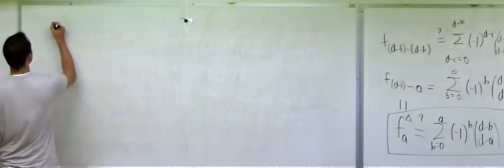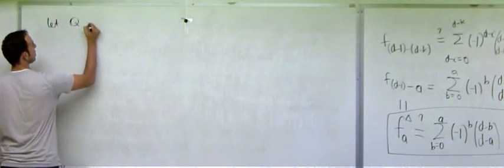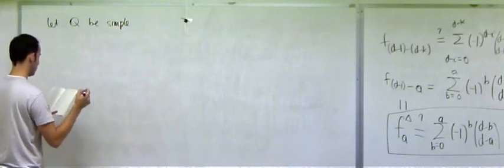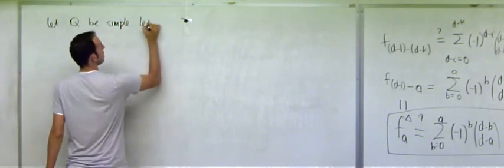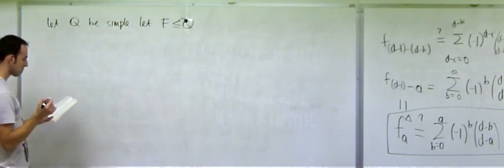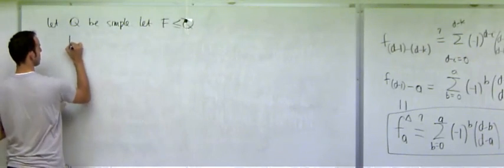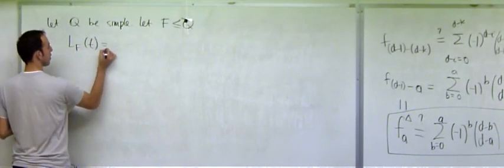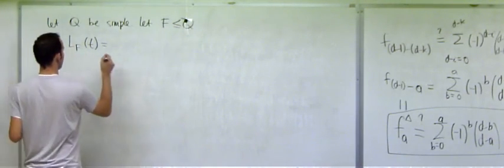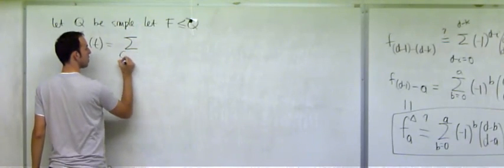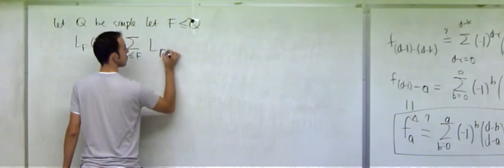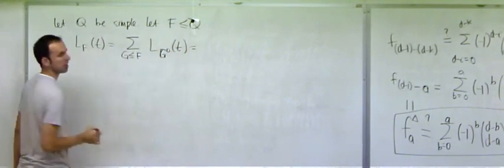So let's say that Q is simple. Okay? And let's take a phase of Q. And I'm going to repeat the previous argument and say that the Euler polynomial of this guy, so again, I'm assuming that this is an integral polytope, is the sum over the faces g of f of the interior Euler polynomial of these guys.